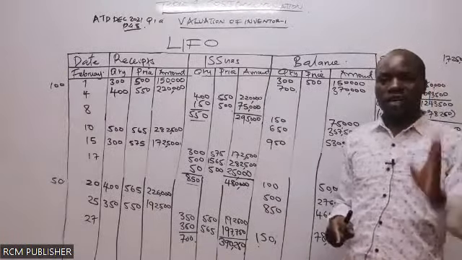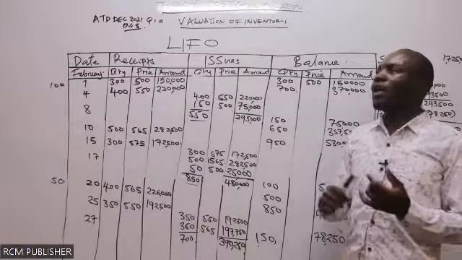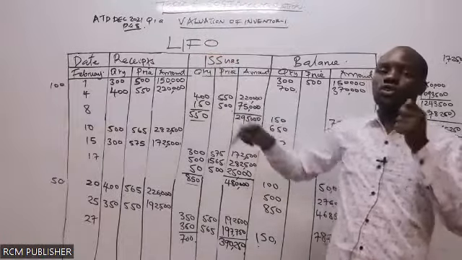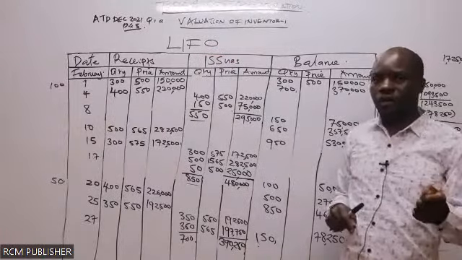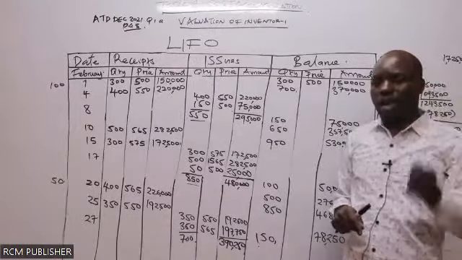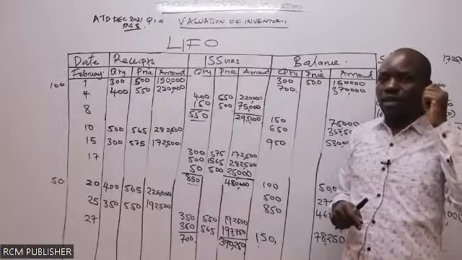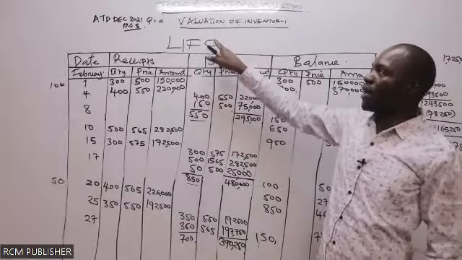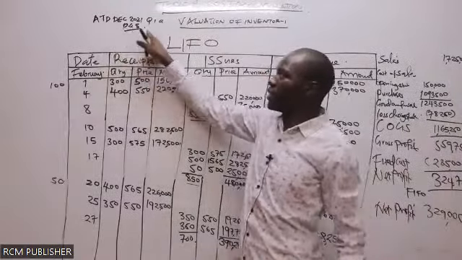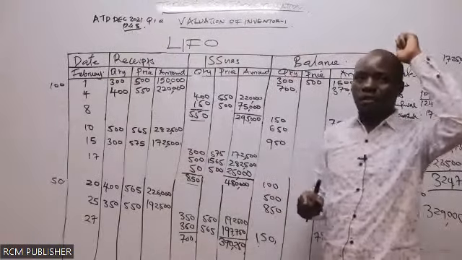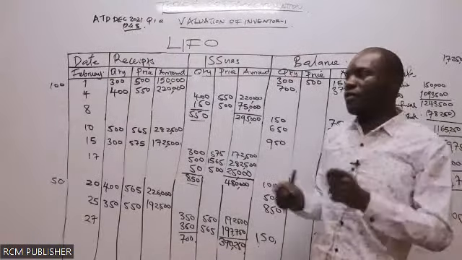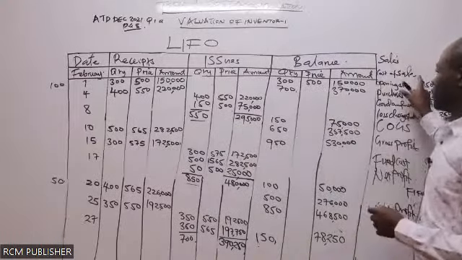Under stock valuation, you need to know how to use LIFO. You need to know how to use FIFO. You need to know how to apply the weighted average method. Now, as a good student, you should work out the same question using the weighted average method. Go ahead and get this part here.